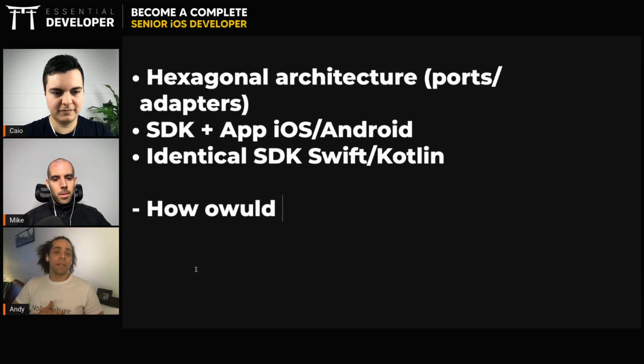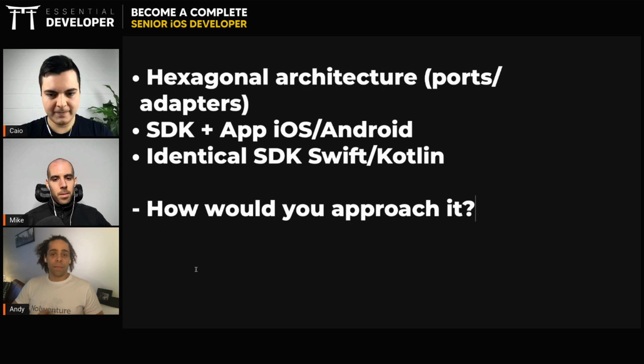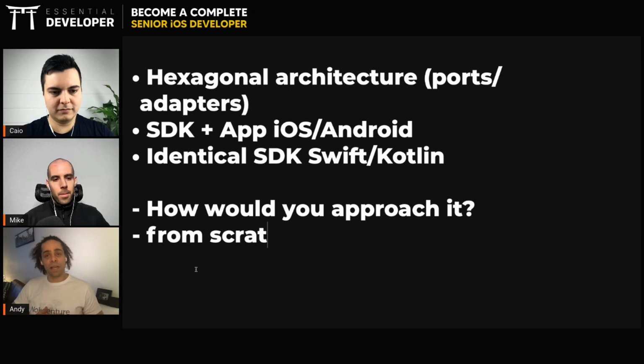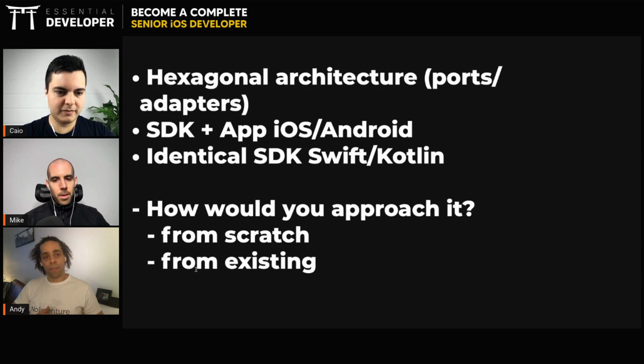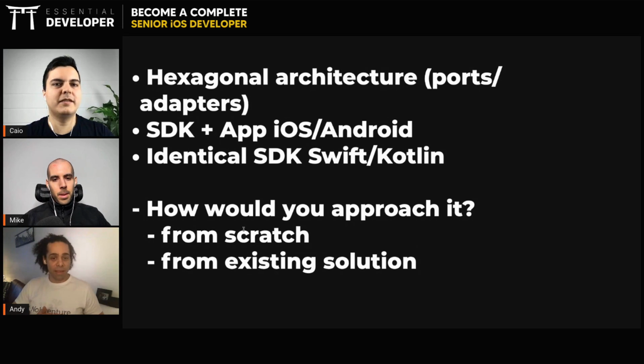And then let's say you stepped into this project in the middle, how would you take what you're given and continuously adjust and improve it to get to an ideal goal or an ideal architecture? So, how to approach it if it was from scratch or from an existing solution? And do you get to the same path? Is the path to the same solution in the end?